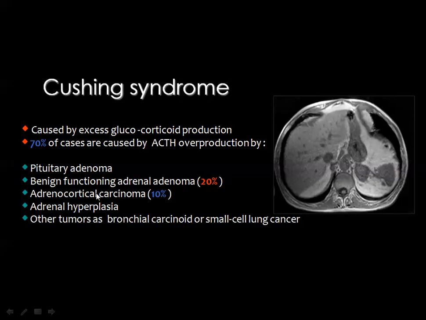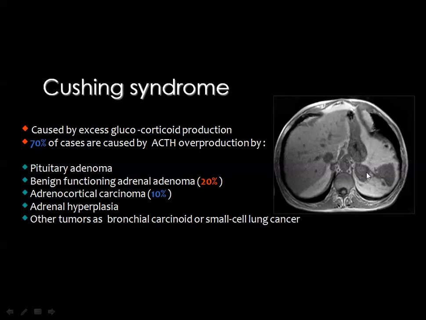And also you remember that adrenocortical carcinoma and adrenal hyperplasia may contribute to some of the functioning syndromes. And also this Cushing syndrome may be the sequelae of bronchial carcinoid or small cell lung cancer, which contribute also to the increased ACTH production.